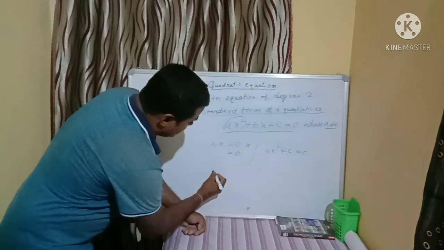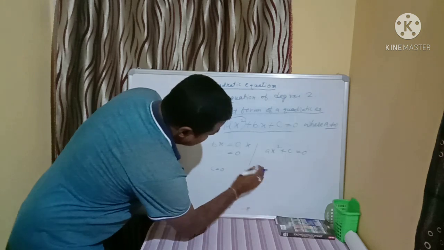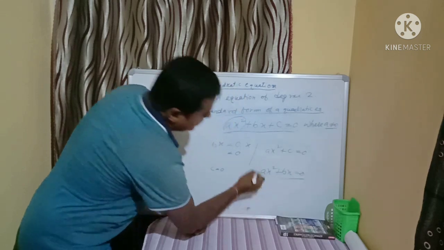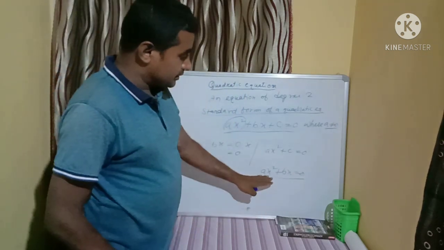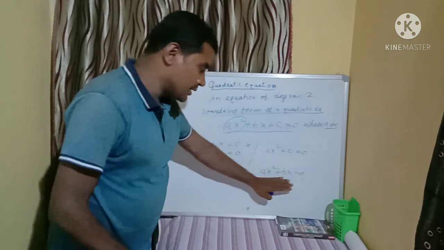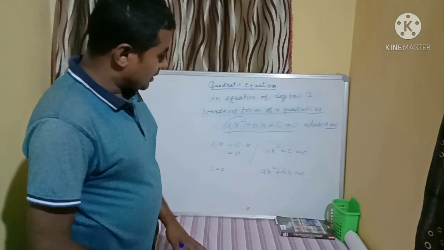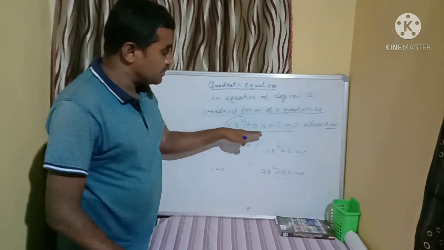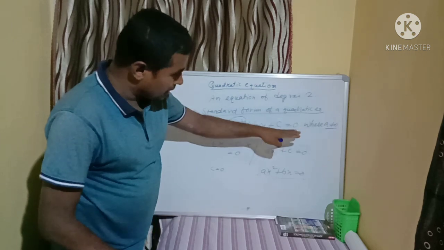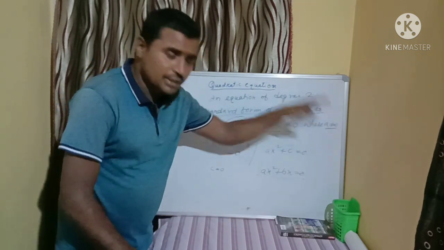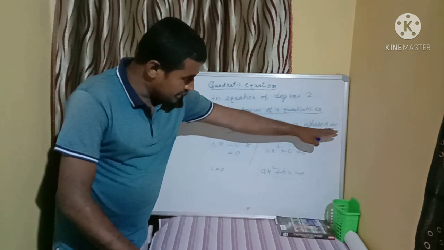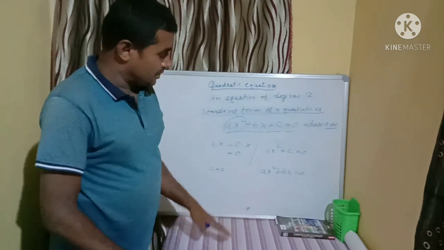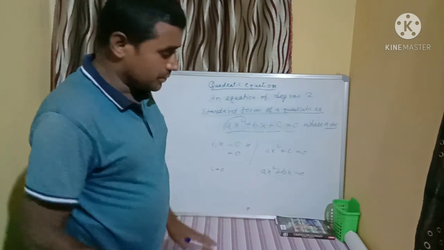Similarly, if c equal to 0, then the equation becomes ax square plus bx equal to 0, which is also a quadratic equation. So what we get is that in the standard form ax square plus bx plus c equal to 0, the only condition is that a cannot be 0. Keep this in mind: a never becomes 0. B and c can be 0.